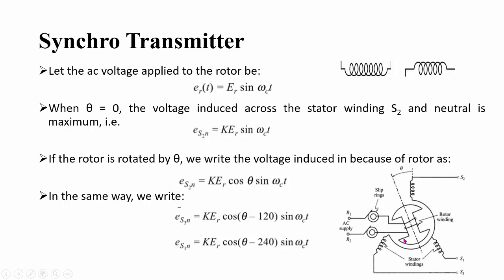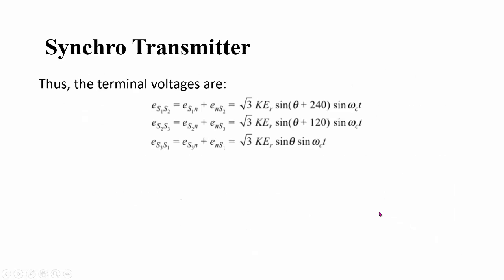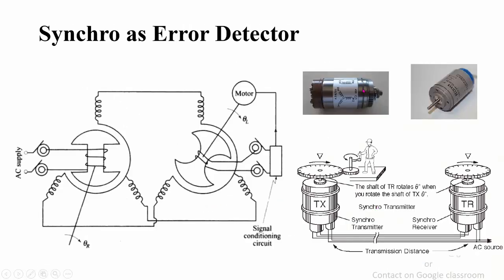It must be packed inside the machine. So you have a transmitter like this and a receiver like this. At the receiver or transmitter side you will have two terminals for AC input, while you will have three terminals on the other side from the stator, which will be accessible. So the neutral will not be accessible to you.